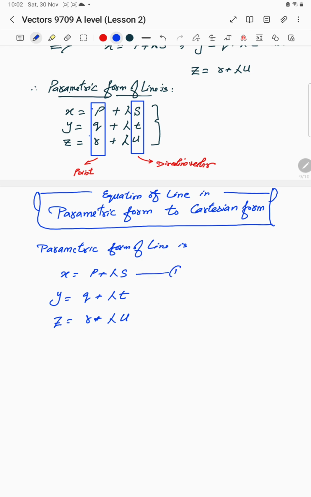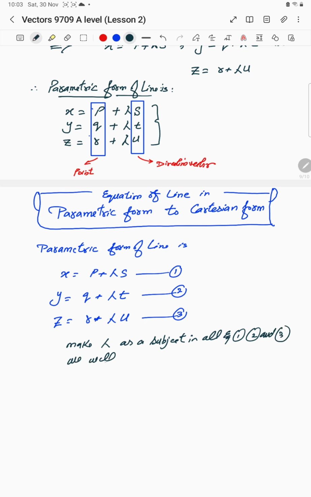To convert this parametric form to Cartesian form, we need to find the value of lambda in each of the equations 1, 2, 3. Make lambda the subject in all equations 1, 2 and 3.